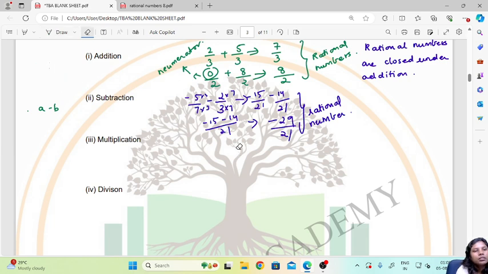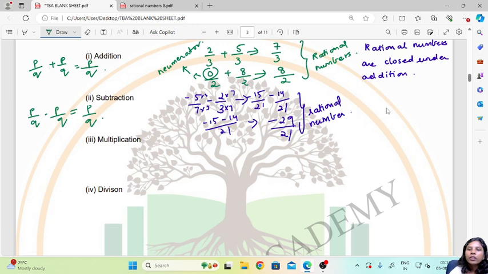Correction here: because we are talking about rational numbers, p by q plus p by q gives us a p by q. Here also p by q minus p by q gives us a p by q. Next, so here we can write rational numbers are closed under subtraction.